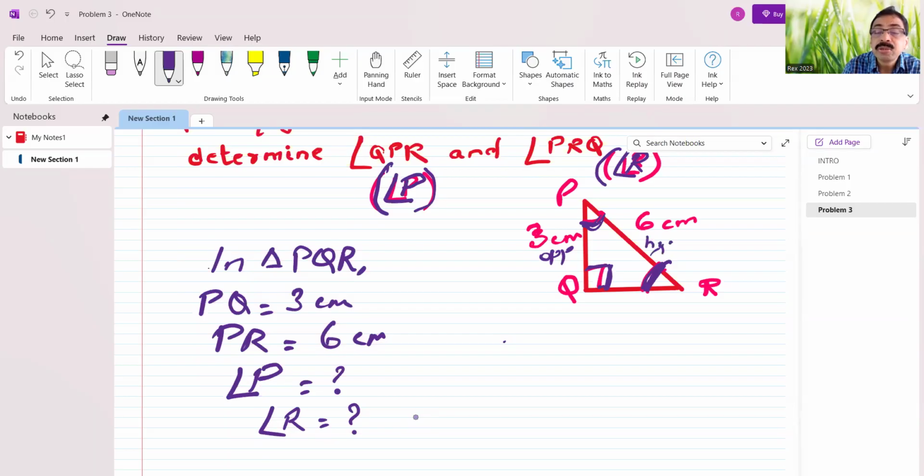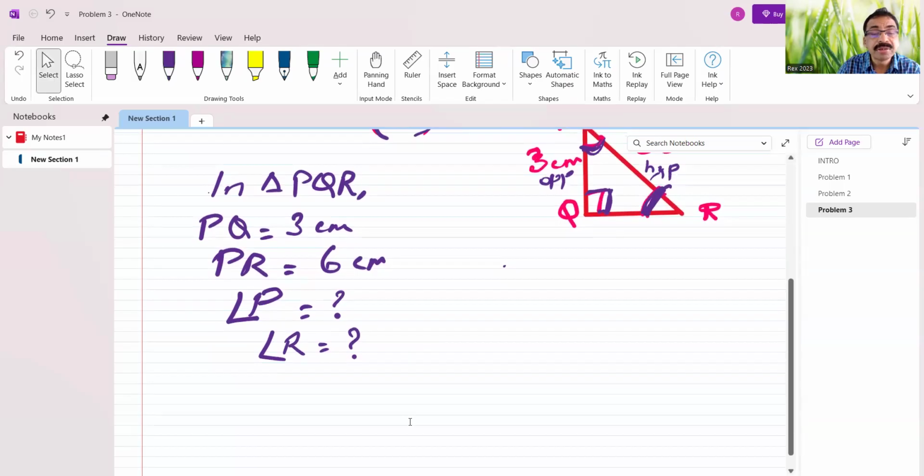But for those of you who want to start with angle P, you can't take sine, you will have to take cos, because the side 3 centimeters is your adjacent side and 6 centimeters is the hypotenuse. So it depends on which angle you're taking. I'm going to look at sine of angle R because I have the opposite and hypotenuse sides.